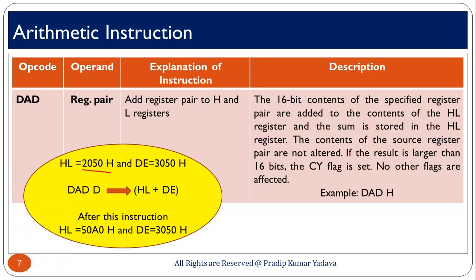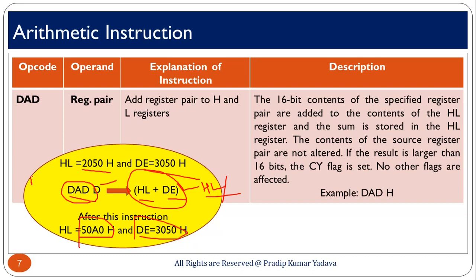Suppose the content of HL is 2050 and the content of DE is 3050, and when you execute this instruction, it means HL plus DE, and your output will be stored in the HL pair. Here HL works as a memory pointer, or you can say it works as an accumulator. So, after addition the output will be stored in HL and the content of DE will not change.